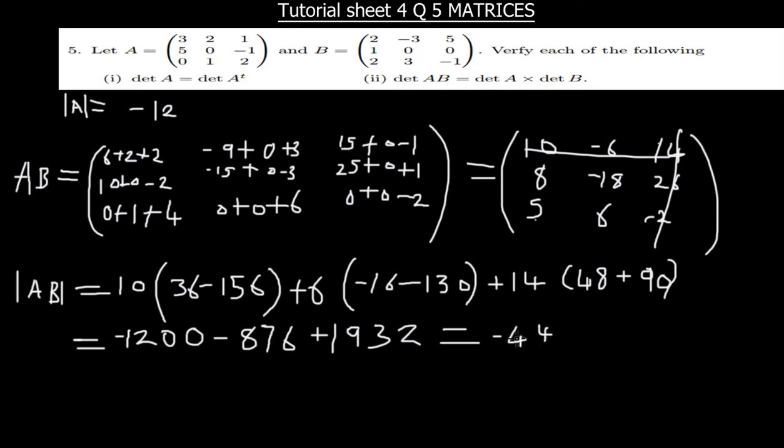So the determinant of AB is equal to negative 144.